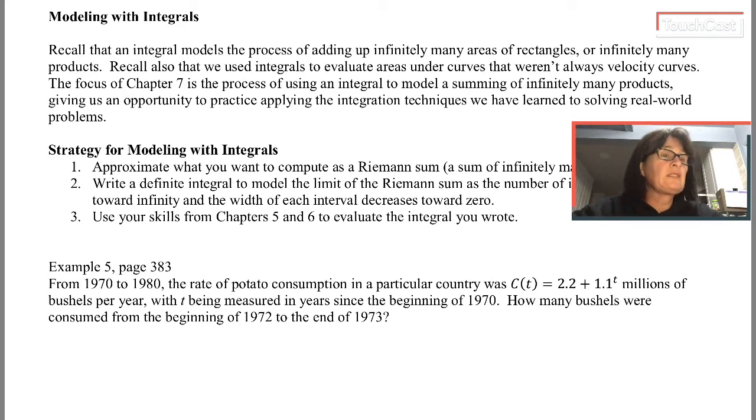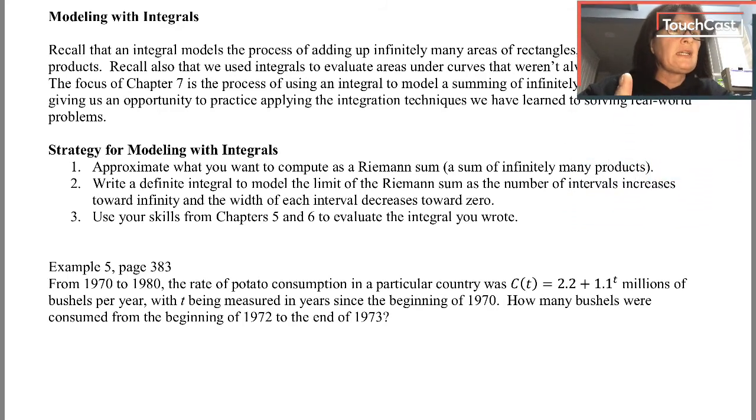It really helps us when we want to find distance traveled, because usually we just multiply the speed times the time, but if speed is always changing, then I have to break it up and do teeny tiny multiplications, speed times time, plus speed times time, plus speed times time, to accumulate all of those little products. That's what integrals are good for. So this is our chapter to practice using an integral to do this for us.